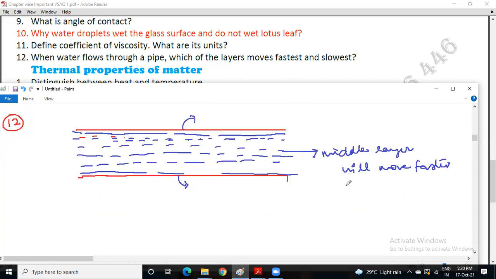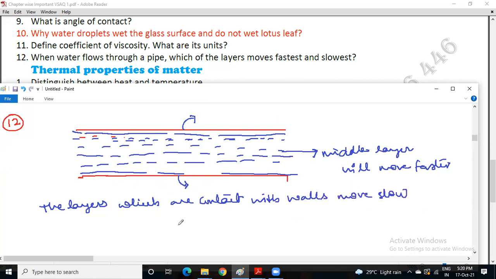So what you need to write is the layers which are in contact with the walls move slow, whereas the layers which are in the middle move faster.